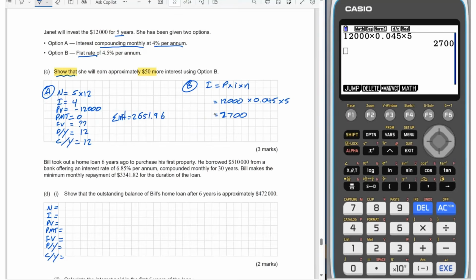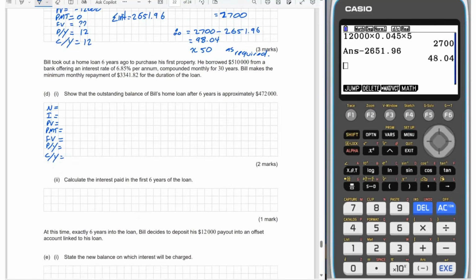So the difference between these should be around $50. So therefore, it's equal to 2,700 subtract the 2,651.96, which is $98.04, which is approximately the $50 as, whoops, ran out of space, as required.